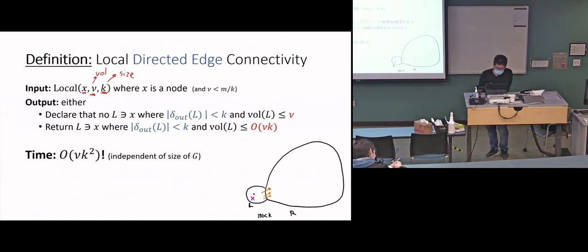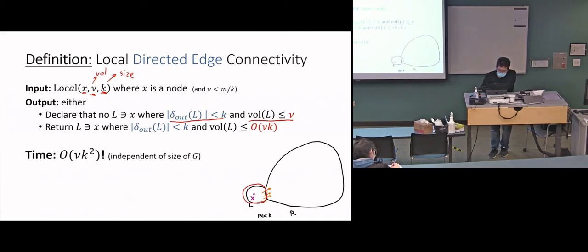So two cases. The algorithm either says that there is no set L that contains x, where the number of edges going out from L is less than k, and the volume is less than nu.